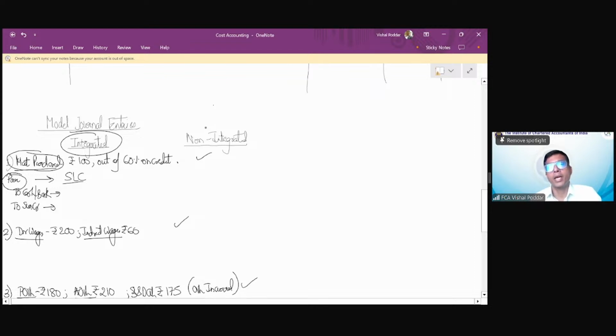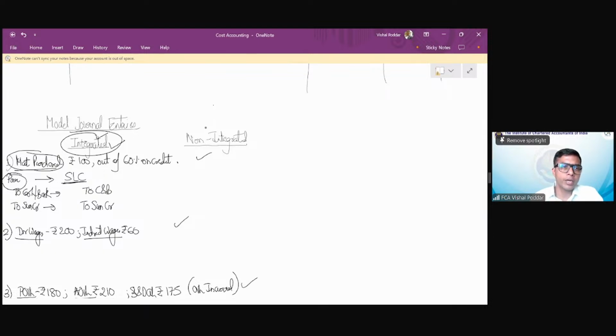So my entry will be SLC debit, stores ledger control. Now see, this is integrated, where I have prepared separate accounts for cash, bank, debtors, creditors. So I will say To Cash and Bank. I also have a separate account of creditors, so I will say To Sundry Creditors. So this will be my journal entry in integrated.